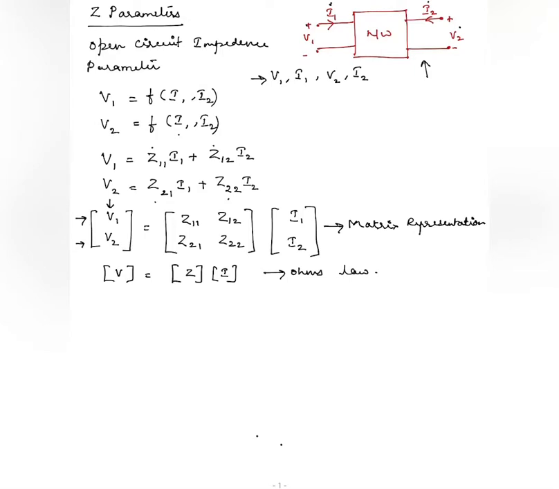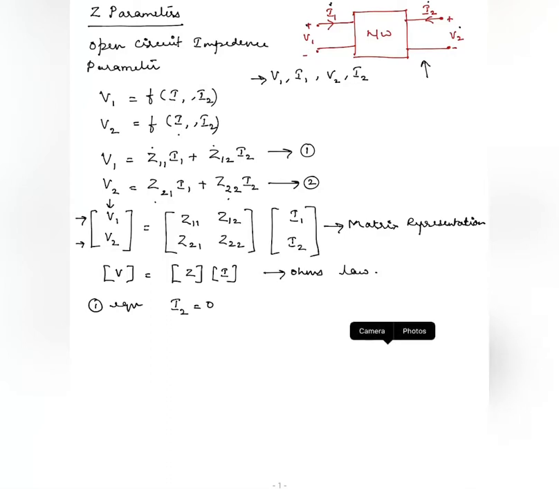Our aim here is to find these parameters Z11, Z12, Z21 and Z22. You'll be given a two-port network and asked to find these parameters. Let us take these two equations, the first one here and the second one here. In the first equation, I'll substitute I2 as 0.